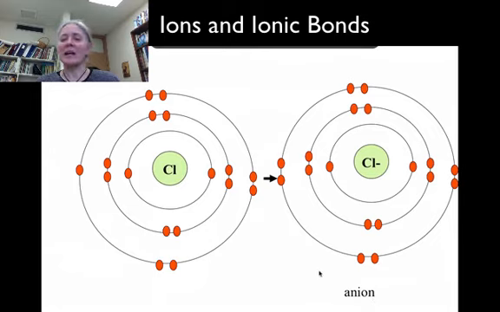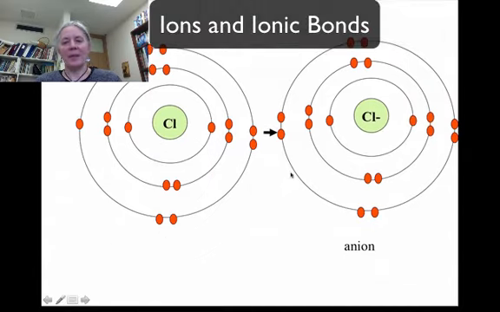So we have two kinds of ions. Cations that had very few electrons in the outer shell. Those lose their electrons. And where do those electrons go? They get picked up by an atom that only needs 1 or 2 electrons, in this case 1, and that atom becomes an anion.